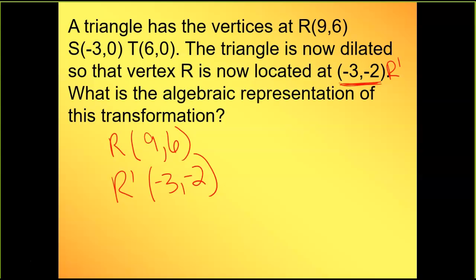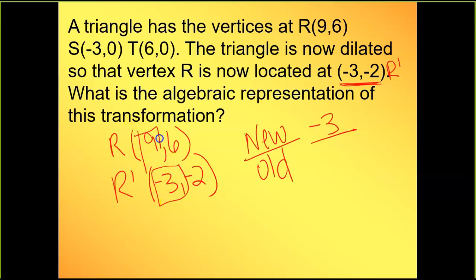Can I use x for one and y for the other? No, it doesn't work that way. New over old. All right, somebody give me a new measurement. All right, -3. Its corresponding old measurement? 9. Put that in your calculator. Find the scale factor.